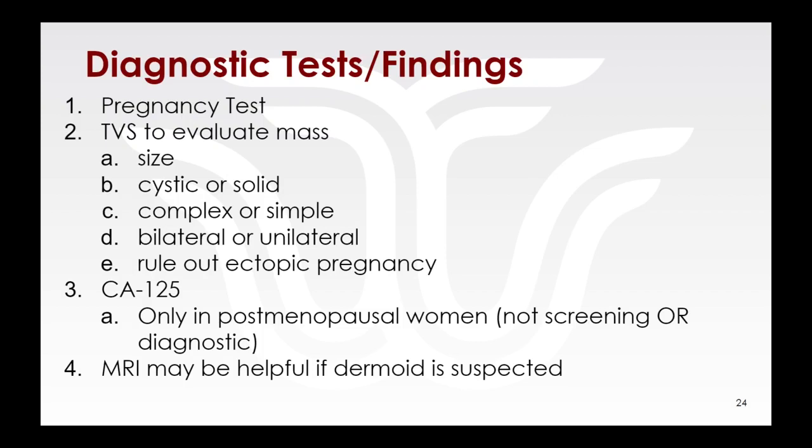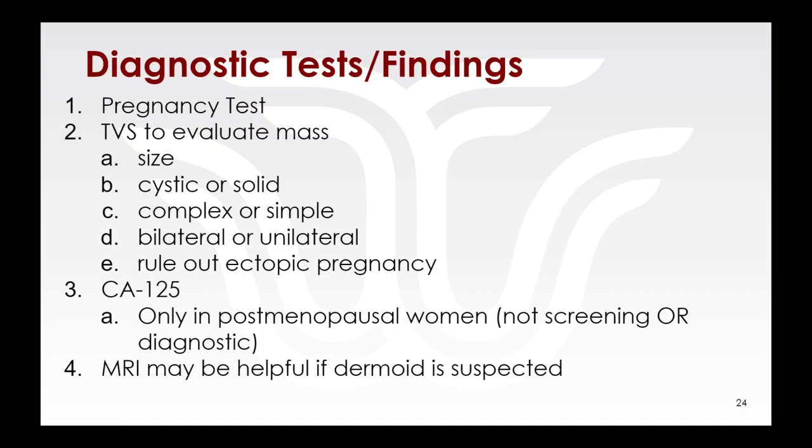In a postmenopausal woman with a new adnexal mass, you should get a CA125. So remember, CA125 is just a whole big discussion and argument sometimes. CA125 is not screening, nor is it diagnostic for anything.